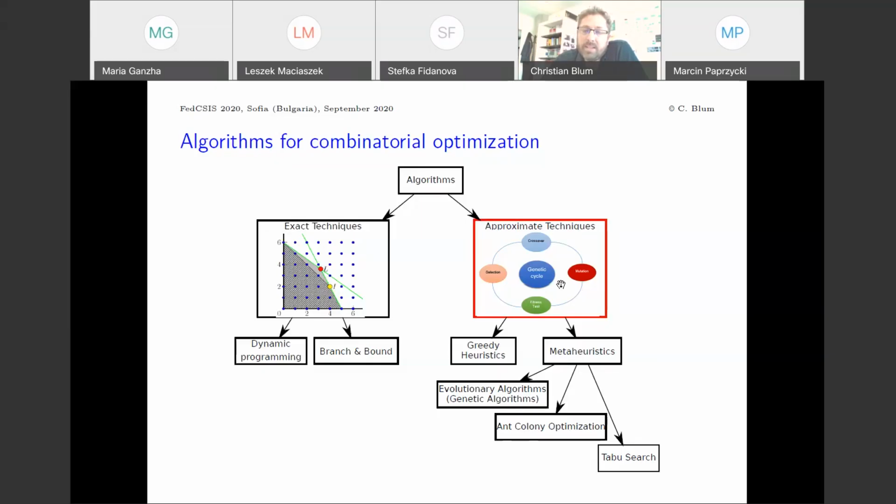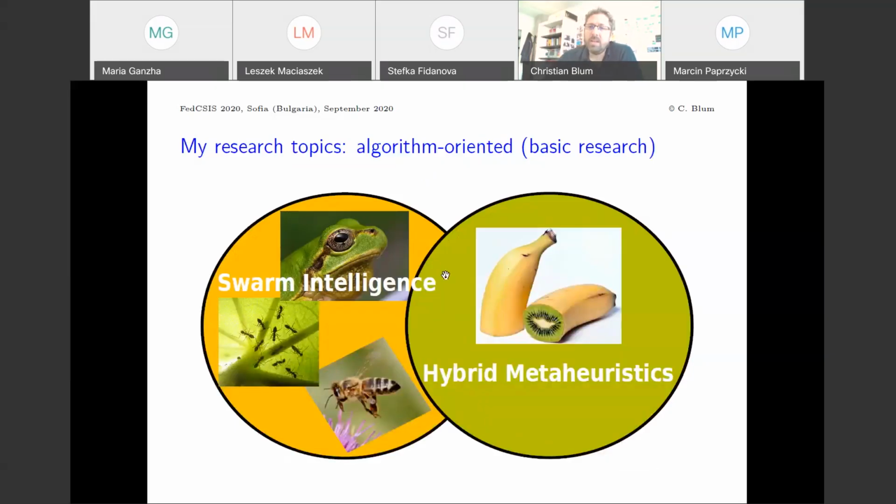But this is where my research is, and in the last 10 years, let's say, it was on an overlap of these two areas: exact techniques and approximate techniques. Okay, so this graphic now shows you a bit where my main research topics are. So I have basically two pillars.